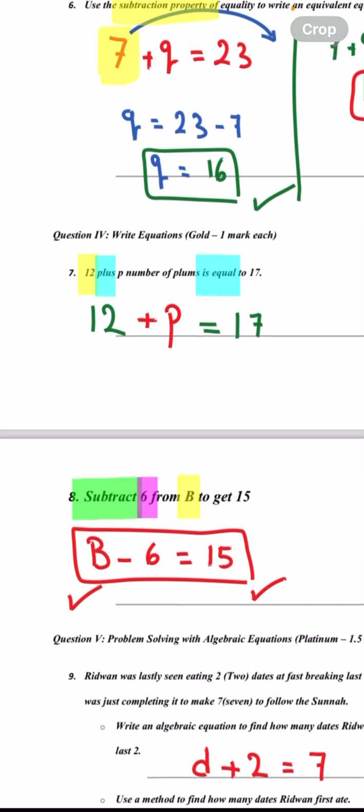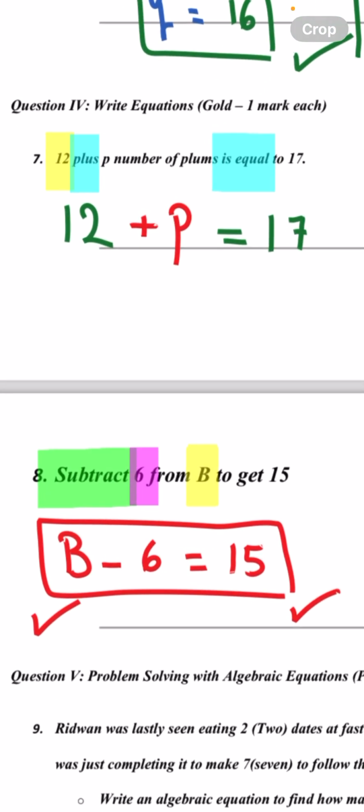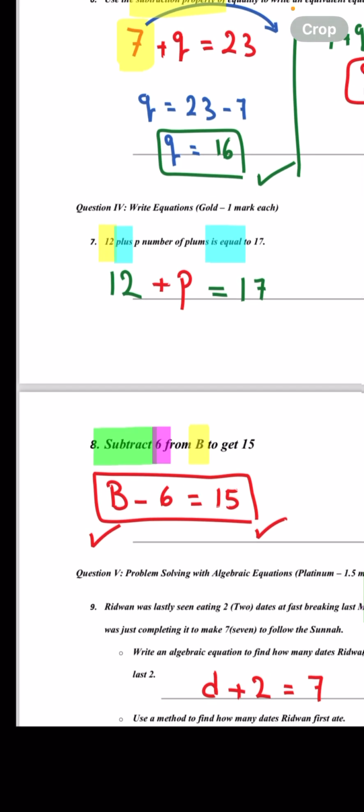So this is an easy one. Subtract 6 from b, so it means b minus 6. And on the other side we have to put 15, which is equal to 15.